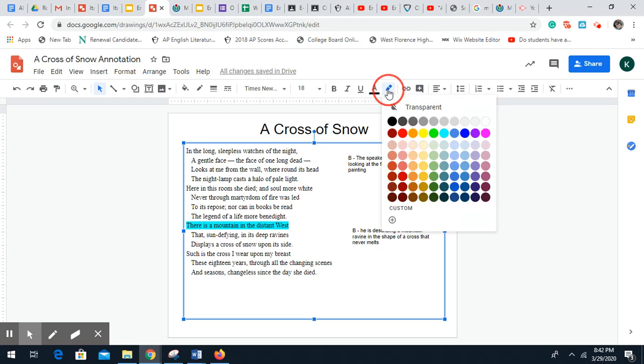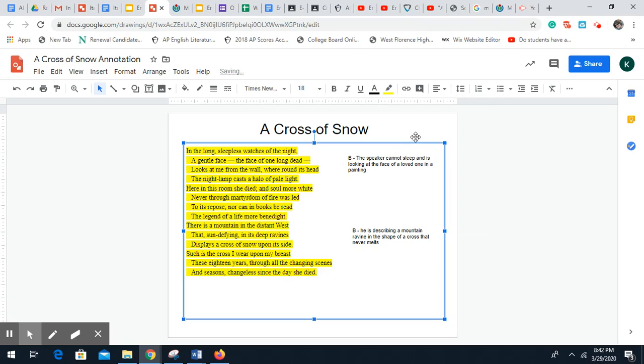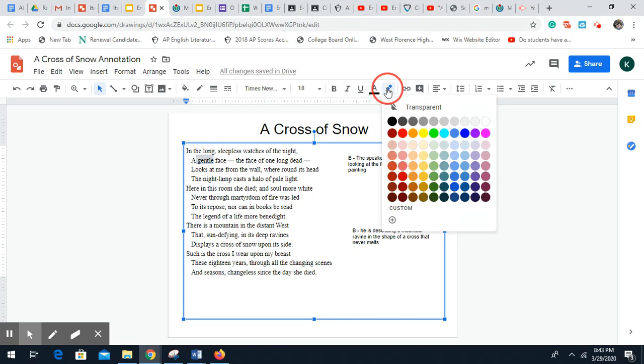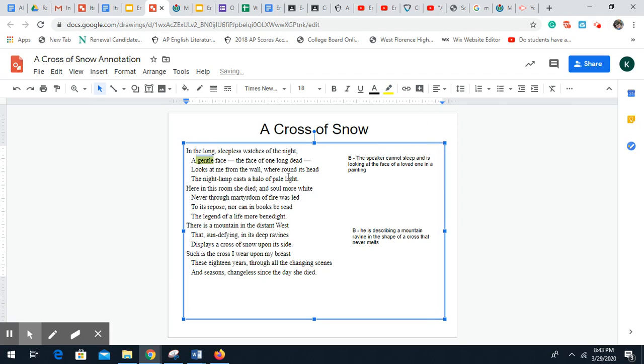So I'm going to just go through and highlight, maybe with yellow, not all of it, but some of the words that describe this person. So perhaps I might highlight gentle, halo, okay, is a good one to highlight.